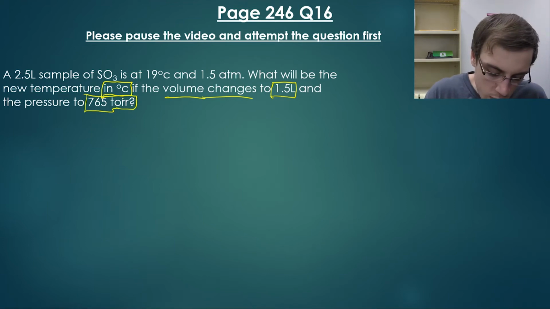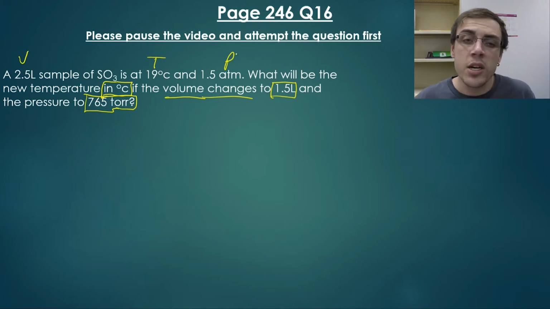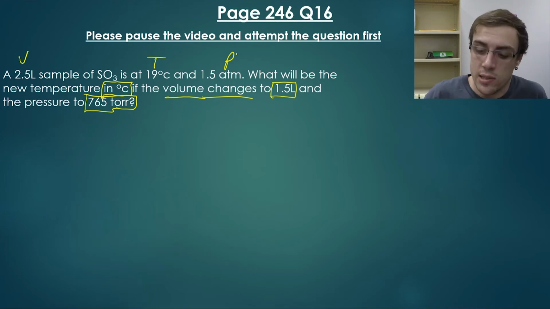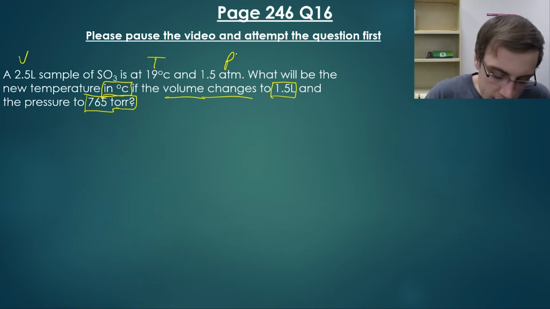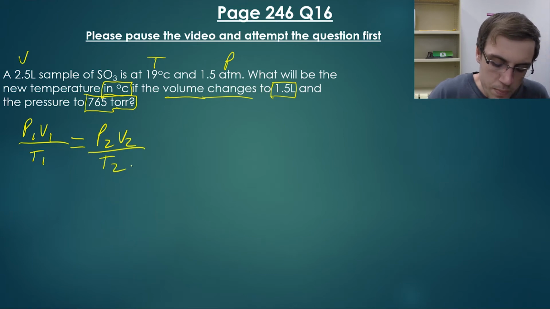Okay, so we're seeing that we have a volume, we have a temperature, and we have a pressure. As soon as I see 3 different types of variables here, I'm going to jump straight to the ideal gas law. So that is P1 V1 over T1 is equal to P2 V2 over T2.